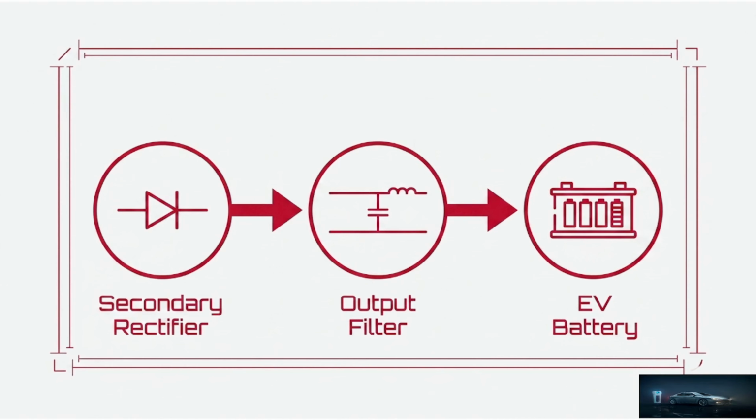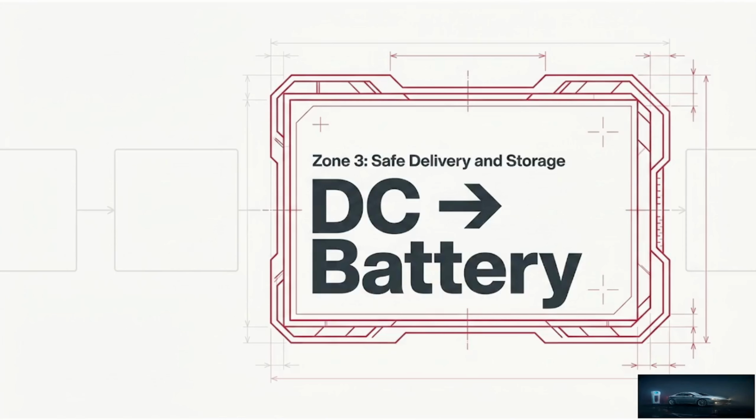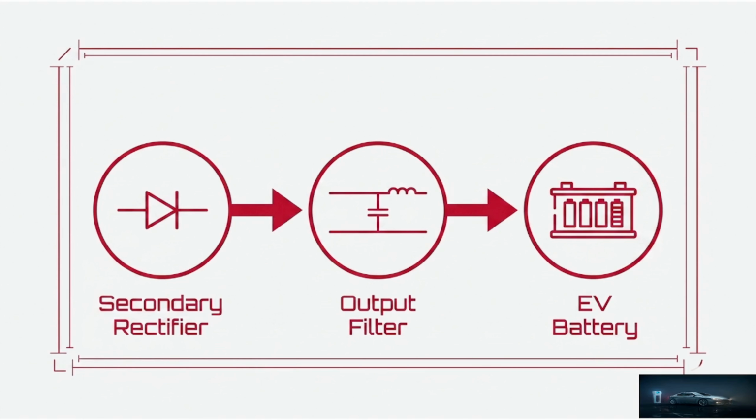Okay, so moving ahead. Didn't we already convert AC to DC in zone 1 and zone 2? So after the bridge rectifier, do you think the DC output is perfectly smooth, or does it still contain a ripple?